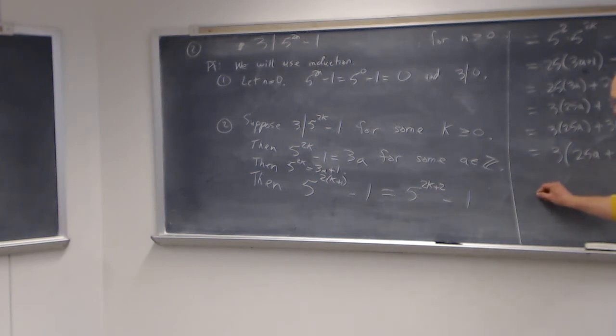So I can conclude that 3 divides 5 to the 2 times k plus 1 minus 1. So I'm done with the inductive step. Then you conclude, you write a sentence: by induction.